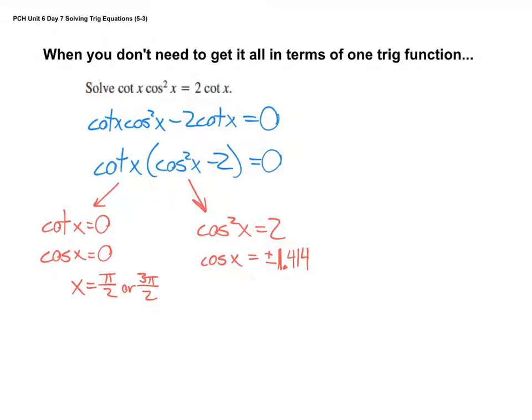Square root of 2 is 1.414, yeah. Think, guys. What do we know about cosine?